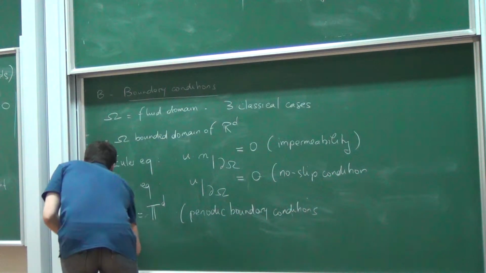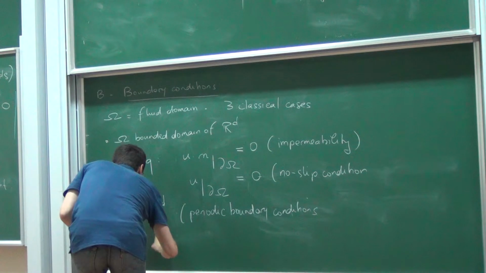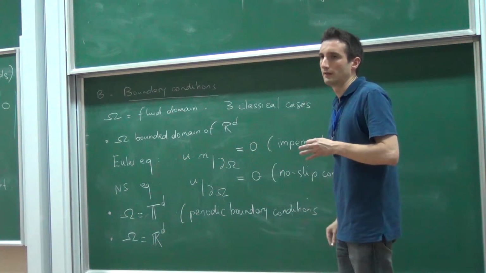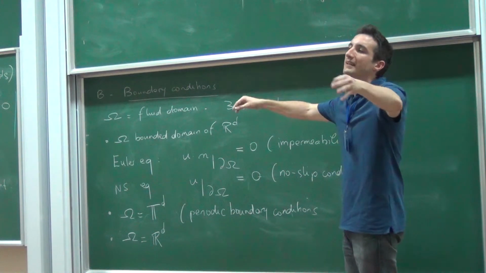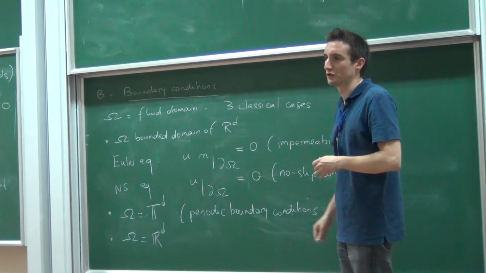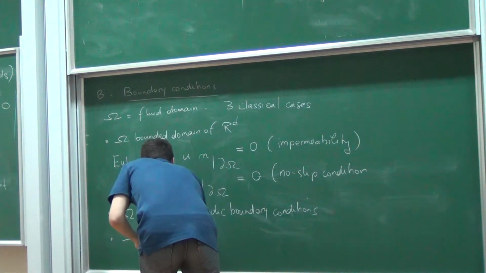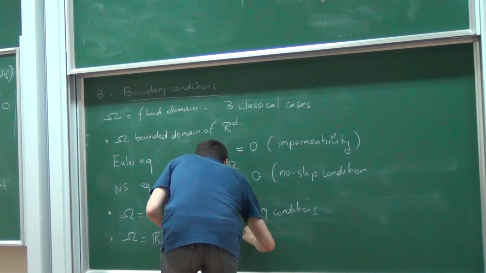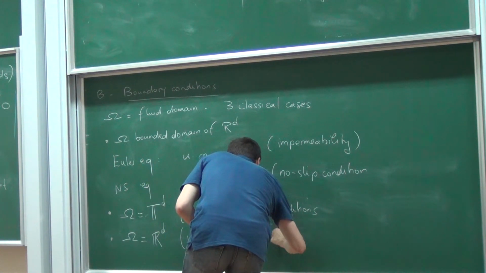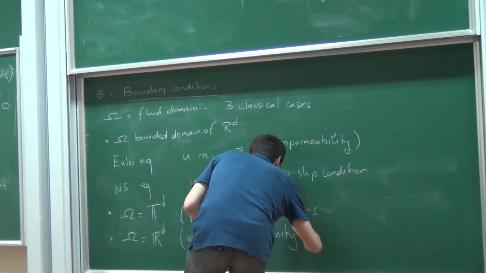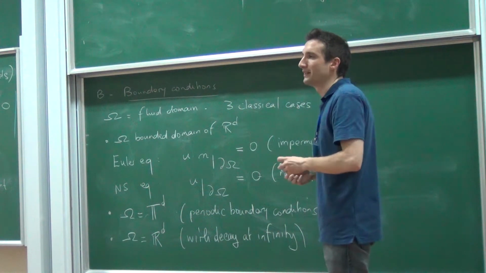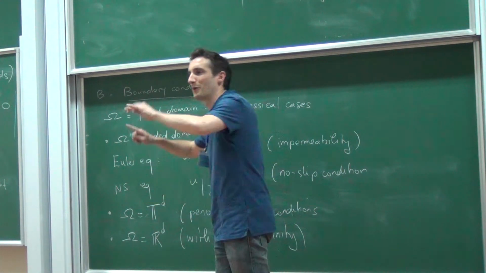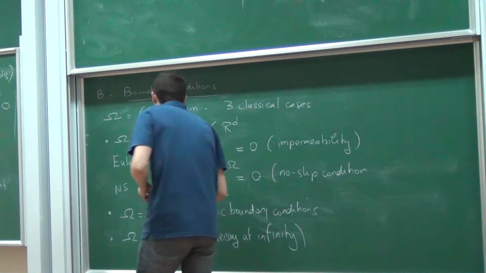Or you could as well take the whole space, Rd, and then we will impose some decay at infinity by proper choice of the functional spaces. Actually, in most of what will follow, I will take the whole space. So I will get rid of the boundaries and consider the whole space.